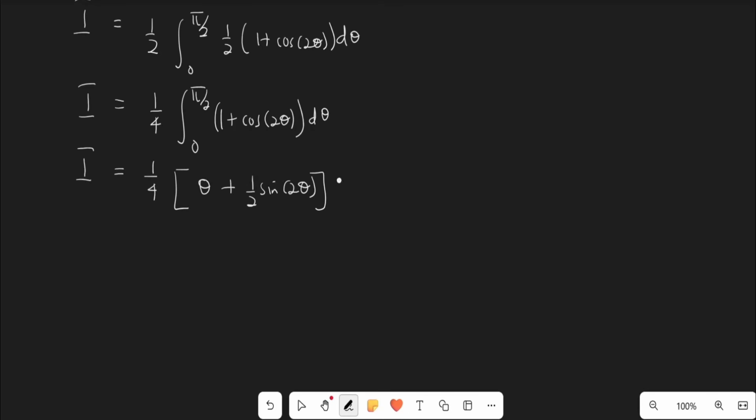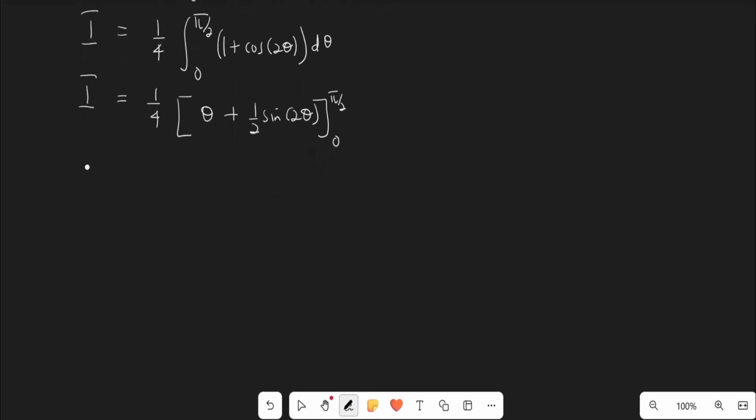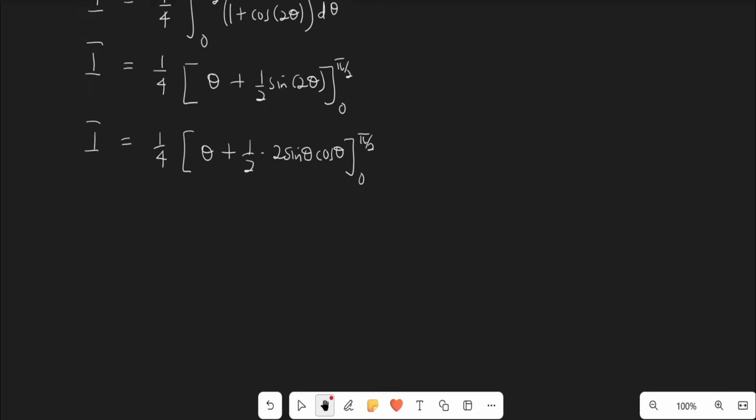This is what we have, the limits of integration from 0 to pi over 2. I is equal to 1/4. This is theta plus 1/2 sine of 2 theta, which from the double angle identity is 2 sine of theta cosine of theta. Limits of integration from 0 to pi over 2.